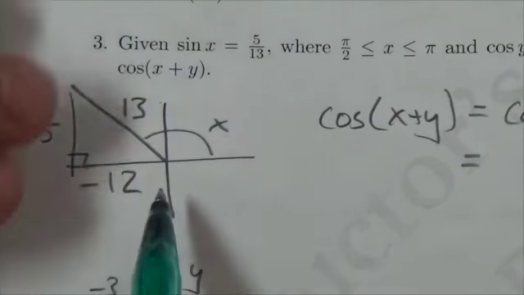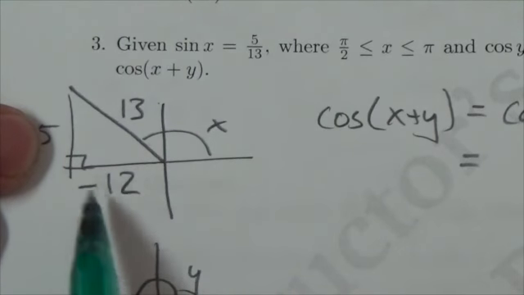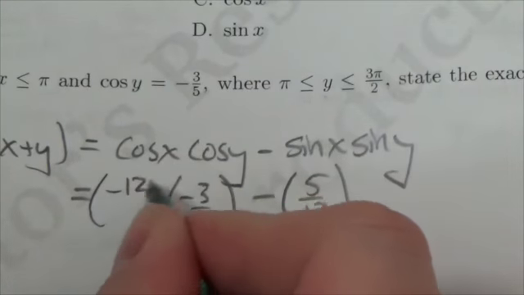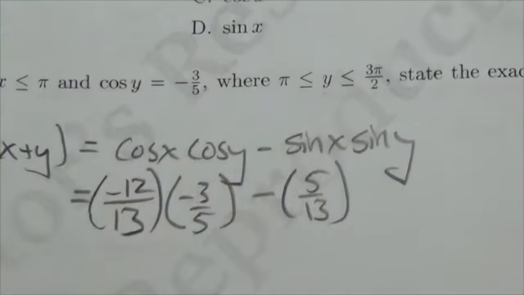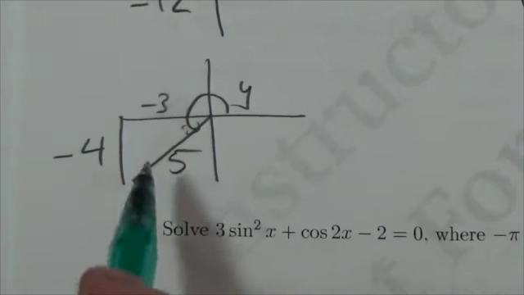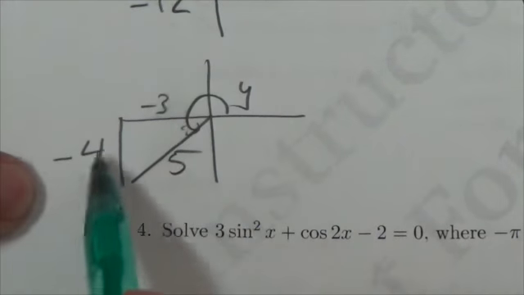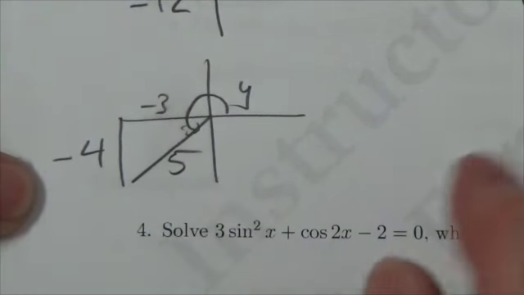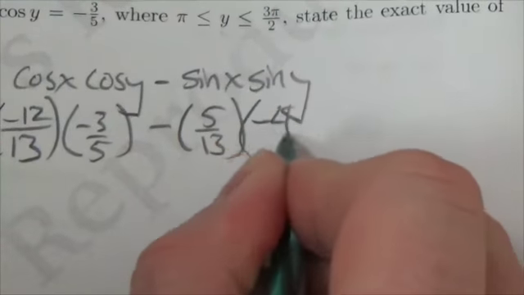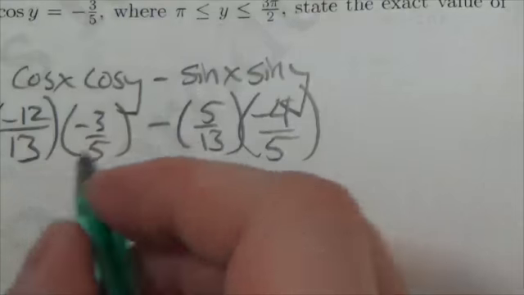Here's x. The cosine of x has got to be negative 12 over 13. Come down here. The sine of y, well, that's going to be negative 4 over positive 5.